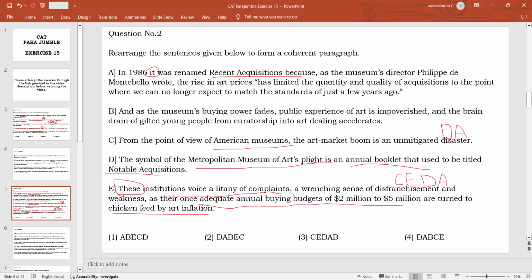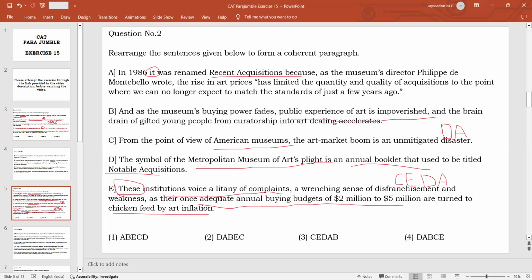Then what about B? First we talked about the problems in CE, then we talk about an example of how the problem has affected the art museums by talking about the Metropolitan Museum of Art. Then you can talk about the consequence of that problem. So what is the effect? Because the buying power of the museums is reducing, public experience of art is impoverished, or the public is not able to enjoy the notable works of art which the museums are not able to purchase.